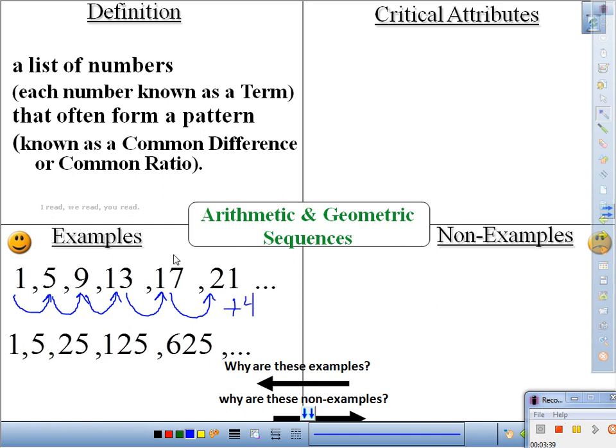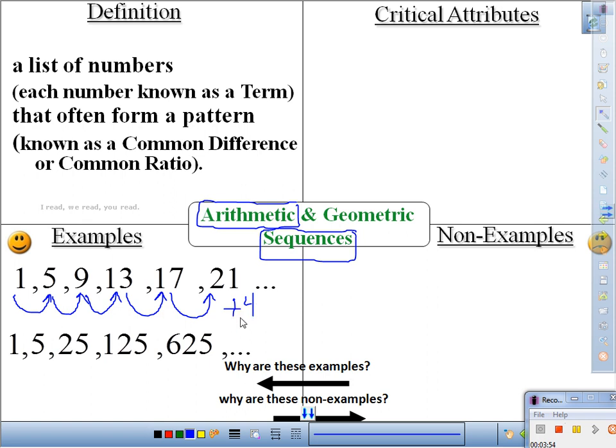When we're adding a negative or adding a positive consistently to a sequence, that's what we call an arithmetic sequence. Now, the pattern that we found is +4, right?